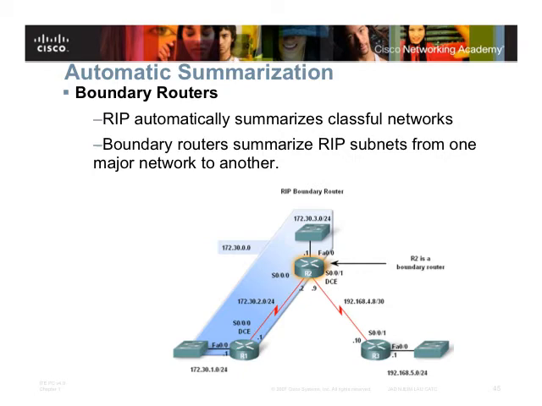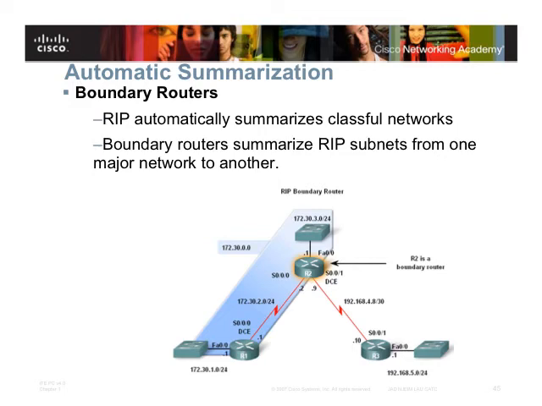172.30.0.0/16, which complies with the fact that this address is a classful address. So it will make sense to group all of them into one major network, which is a classful address, which is in that case 172.30.0.0. So this is the concept of automatic summarization in general.